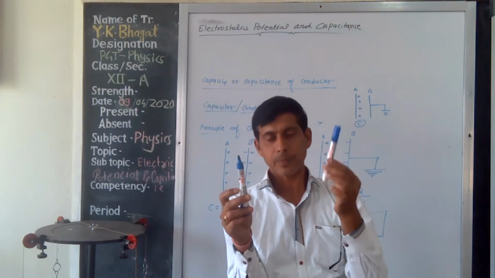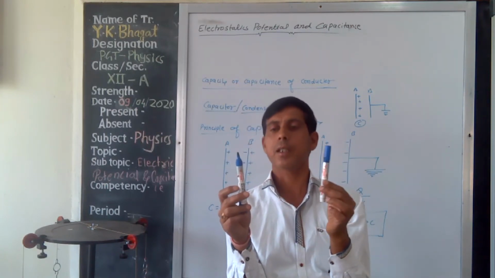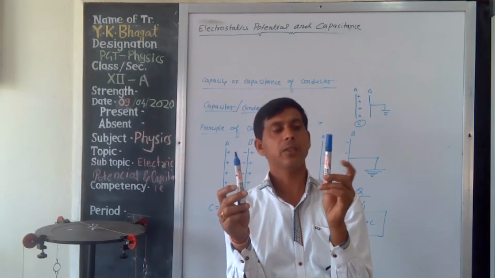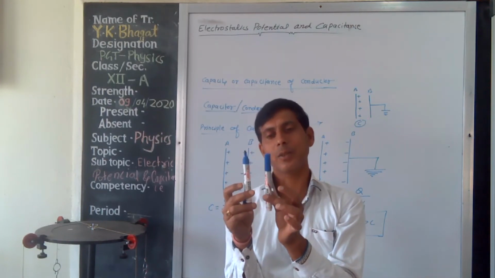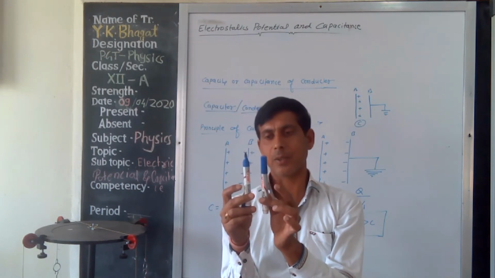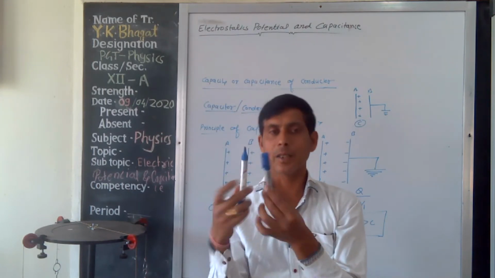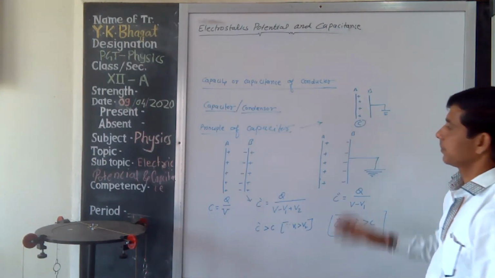We take another identical but uncharged conductor, earth it, and place it near to it. When an uncharged earthed conductor is placed near to it, its capacity increases. It is the principle of capacity.